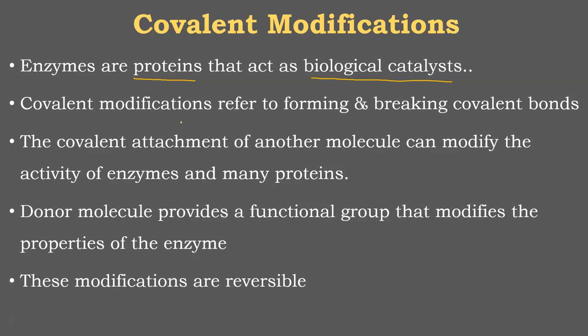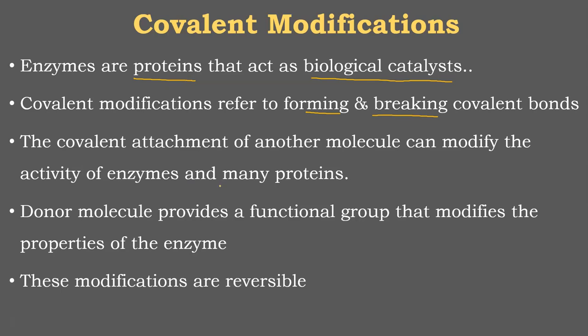Covalent modification refers to the forming and breaking of covalent bonds. You know what covalent bonds are in chemistry, which are formed by the sharing of electrons, and the covalent attachment of another molecule can modify the activity of enzymes and many proteins.